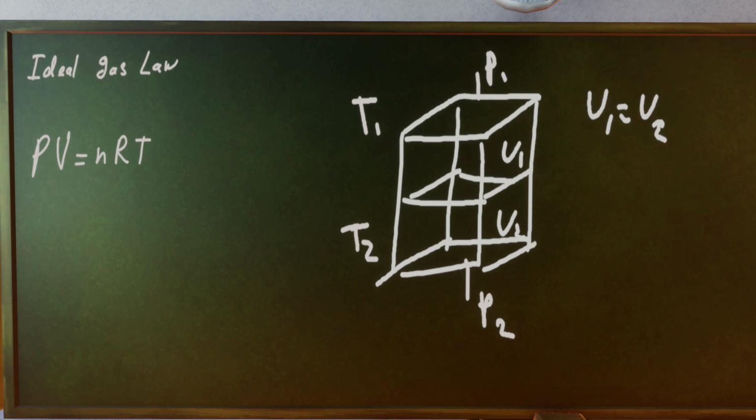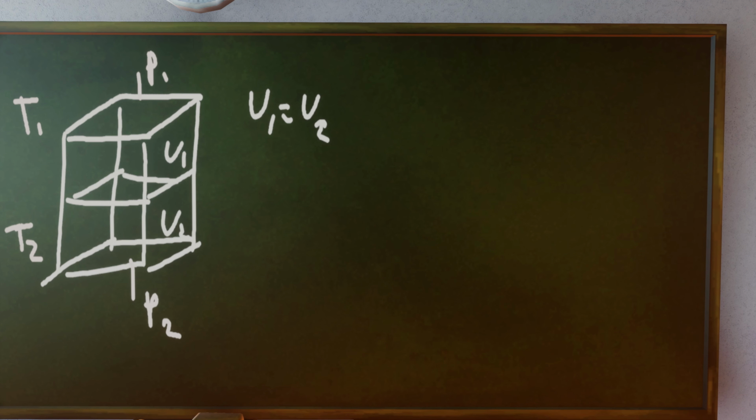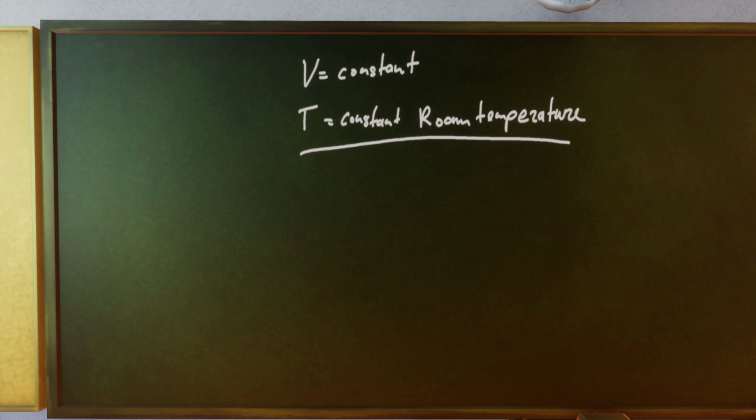And here is the diagram of the box: equivalent volumes of the two gases will be inserted, and then the reaction pressure will be observed. Again, volume is constant, and temperature is going to be constant as well.